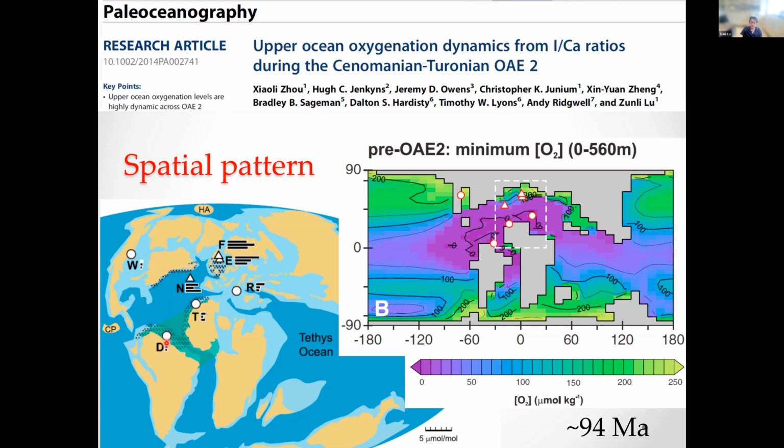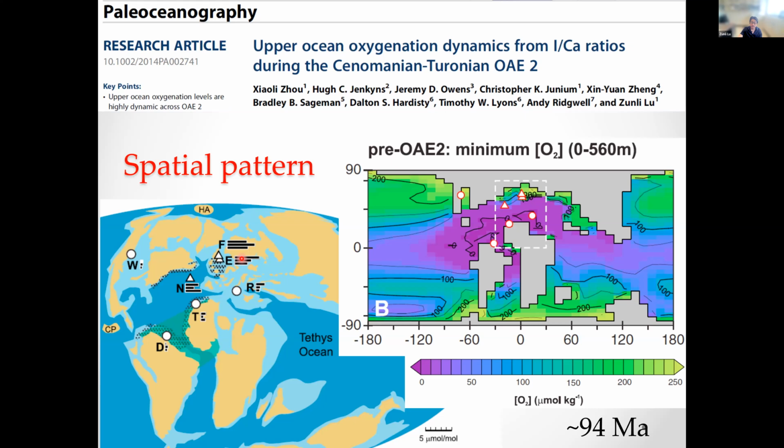We first got a few stratigraphic trends from multiple sections, just like what I showed you in previous studies. And one thing that we noticed is the background values, or the iodine calcium values before, during, and after the OAE, are showing these three bars sort of stacked together.